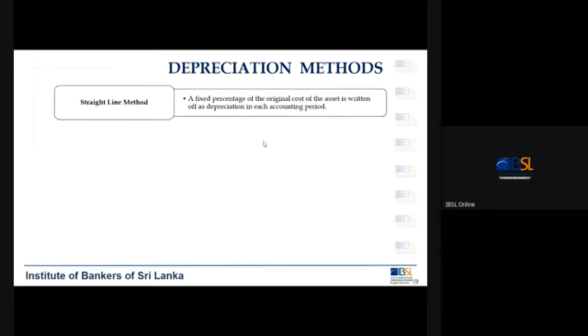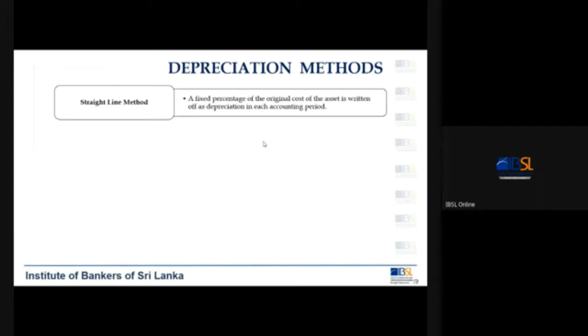So it is the depreciable amount into the depreciation rate. If you think of an asset which is going to run up to 4 years, using the straight line method, you will depreciate every year 1/4 of the depreciable amount, that is cost minus residual value, right?